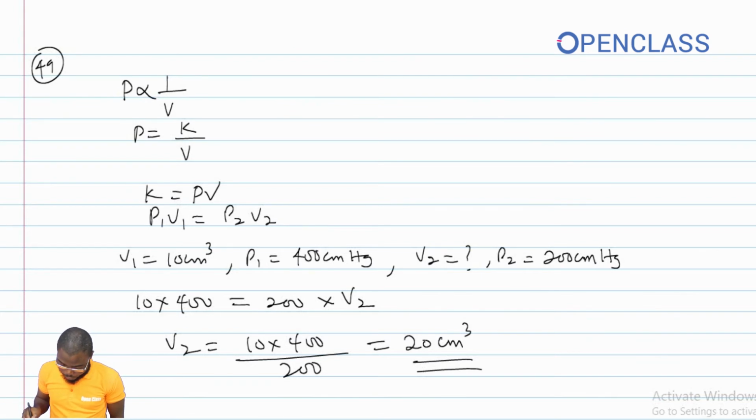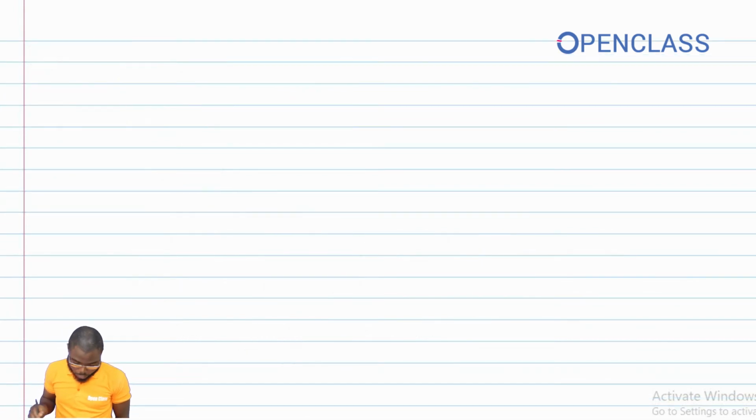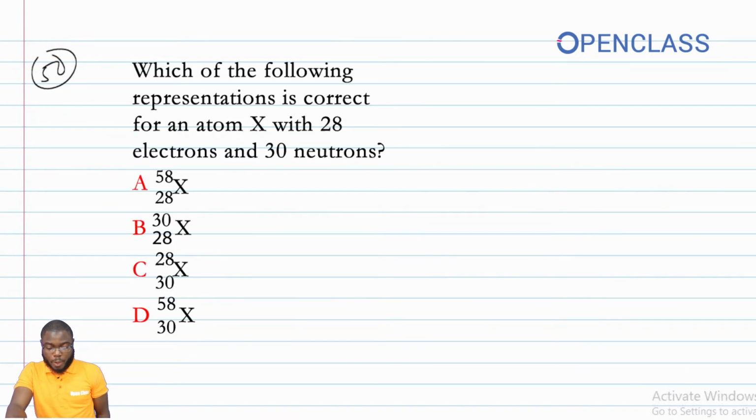Now question number 50 says, which of the following representations is correct for an atom X with 28 electrons and 30 neutrons?